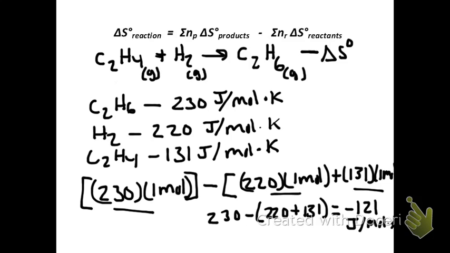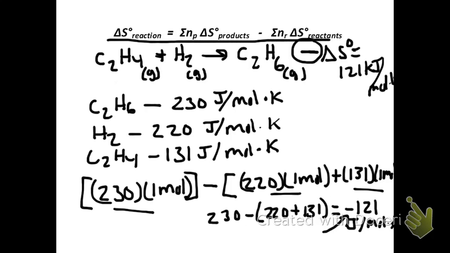So our delta S value up here should be negative 121 joules per mole Kelvin. And notice it's a negative. We calculated it to be a negative value, which is what we also predicted it should be. Alright? So you should be able to use this equation right up here, this all-important equation.